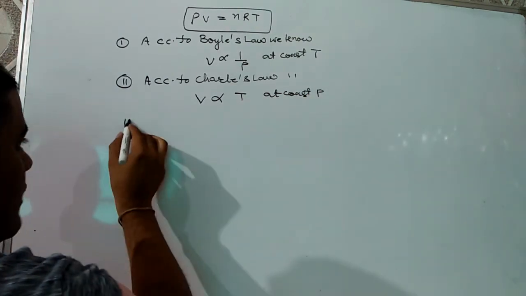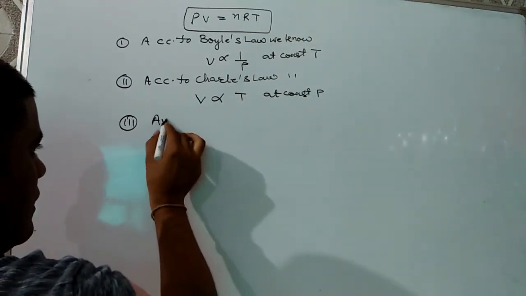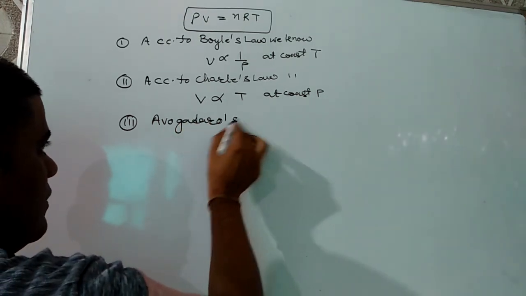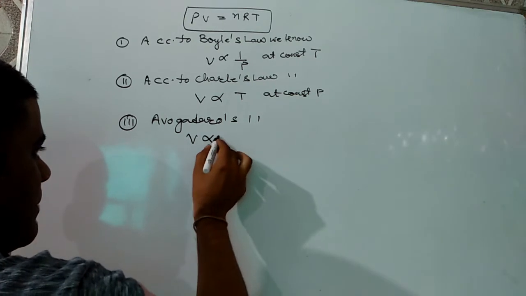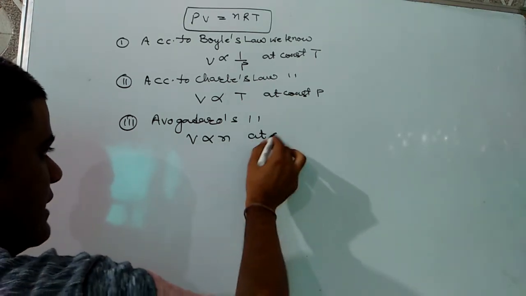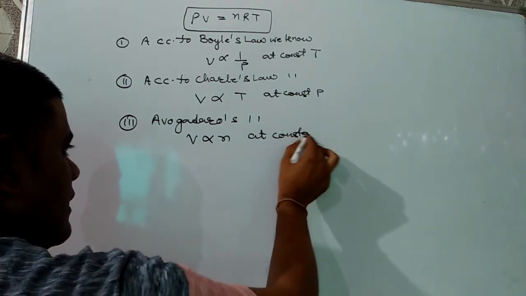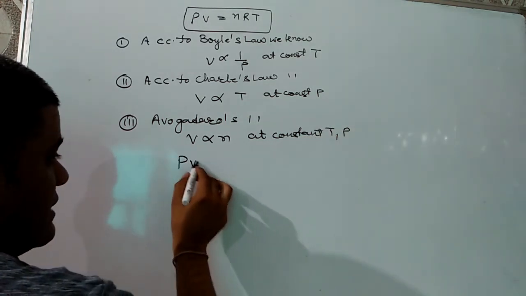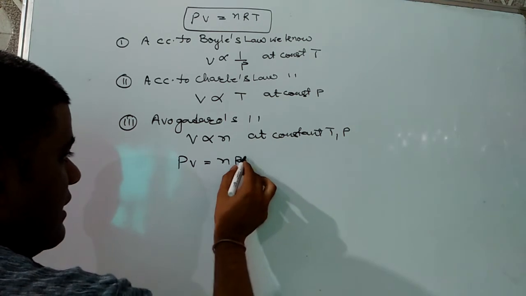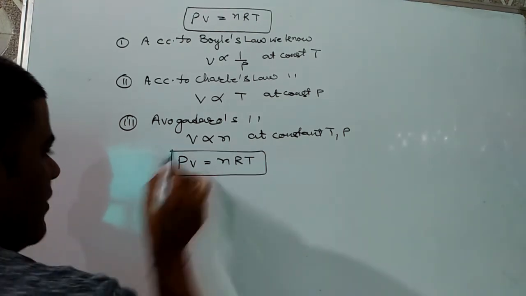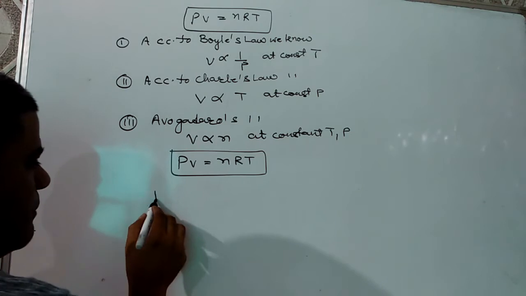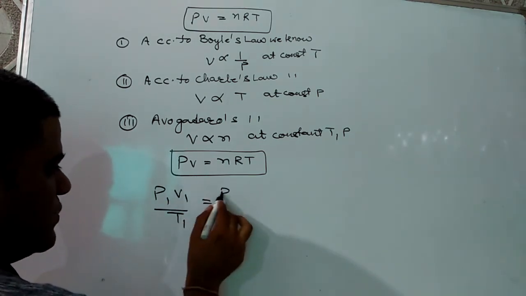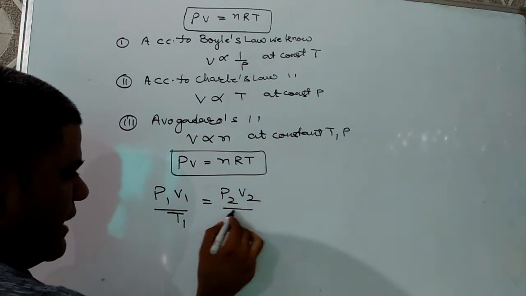And finally, according to Avogadro's law, V is directly proportional to the number of moles at constant temperature and pressure. So from here we get the equation PV is equal to nRT, and its modified form, P1 V1 over T1 is equal to P2 V2 over T2. That is also a very important equation.